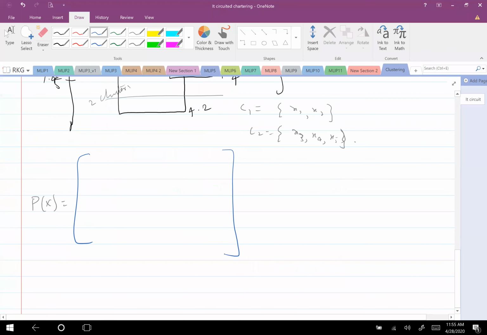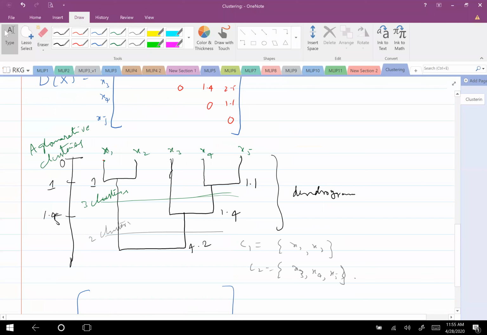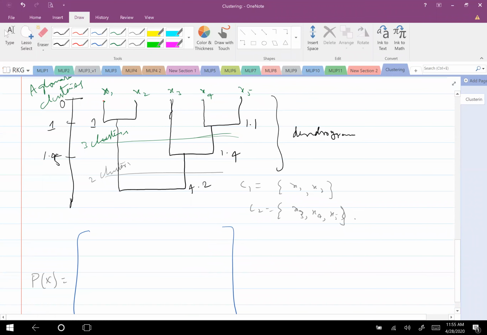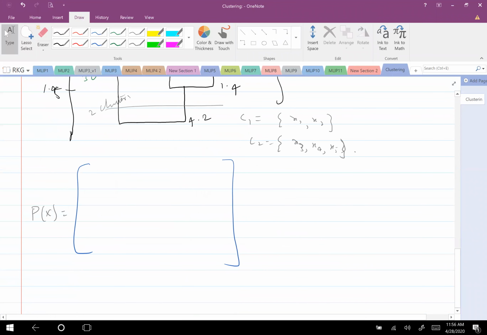In the next class I will discuss two algorithms of hierarchical clustering, single link and complete link, which use cluster-to-cluster distance slightly differently. This is the proximity matrix I am giving. A proximity matrix is a similarity-based matrix. So what is the similarity between X1 and X1 here?